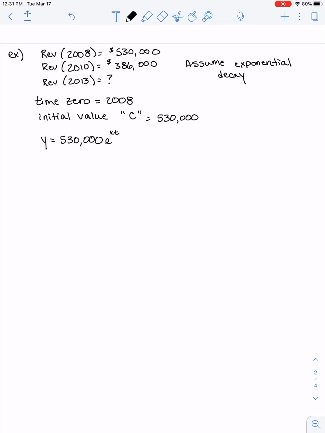Step 2 says, okay, well, now we need to find our proportionality constant. Let's use the next set of data points that we have, which is 2010, and 2010 is 2 years past what we've designated as time 0. So we know that at time 2, our y is equal to 386,000.